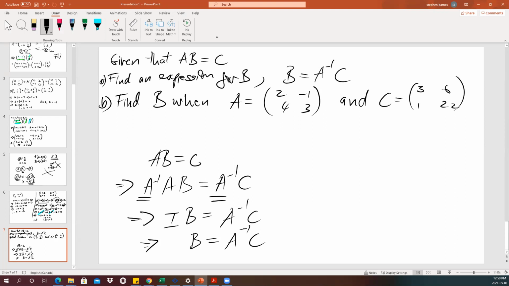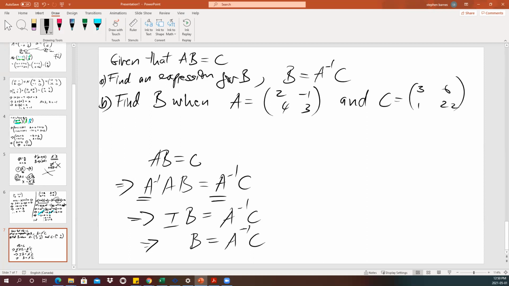We want to find A inverse so we can multiply both sides to the left and know that A times A inverse is going to give us the identity matrix. We're not going to even work that out because we know what that result is. But we know we're going to have to work out A inverse multiplied by C, because that's how we're going to get the answer.